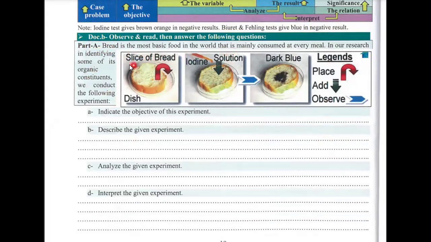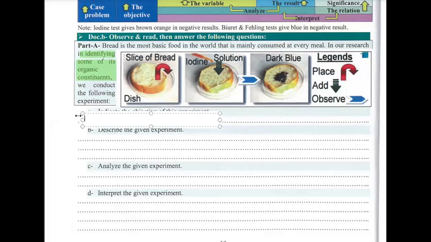In our research in identifying some of its organic constituents, we did these experiments. First, what's the objective of this experiment? Why are we doing this experiment? To identify some of the organic constituents of the bread.